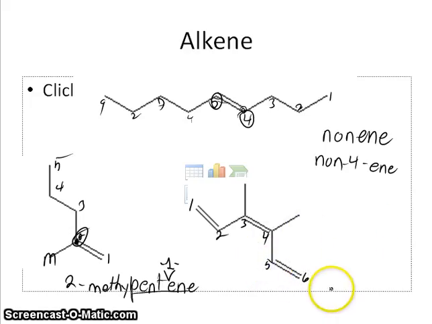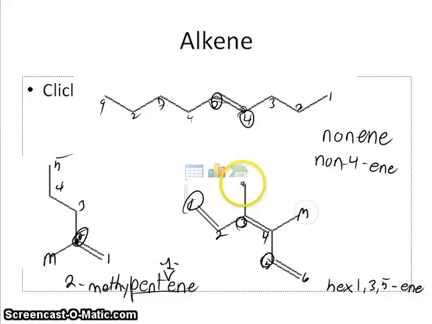So this will be a hexene, and in naming this, you have one double bond that starts at 1, one that starts at 3, and one that starts at 5. So you can write 1, 3, 5, and then you can write your ene.